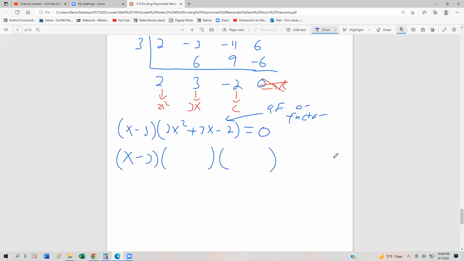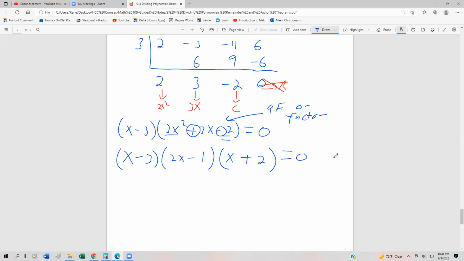To build 2x squared, I have a 2x and an x. To build a -2, there's only 2 factors. Those factors are either going to be 1 and 2 or 2 and 1. Now, I'm going to try 1 and 2, and we need a -2. So we need 1 to be negative and 1 to be positive. Since this is positive, I'm going to put the plus sign opposite the bigger number, and that usually works, right?